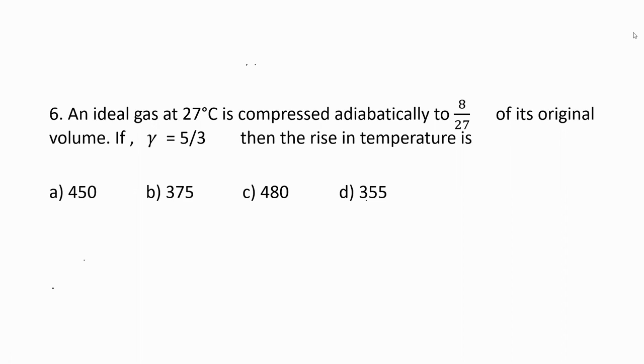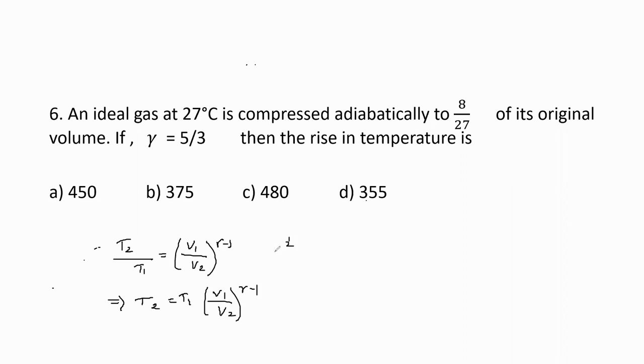So take the equation of adiabatic process, that is given by T2 divided by T1 is equal to V1 divided by V2 whole to the power of gamma minus 1. So we need to simplify it for T2, that is T2 is equal to T1 into bracket V1 divided by V2 raised to gamma minus 1.